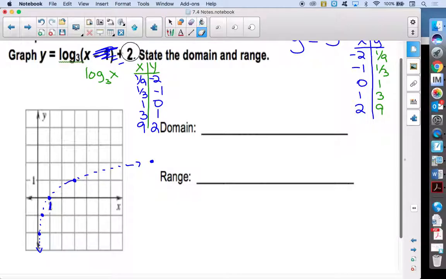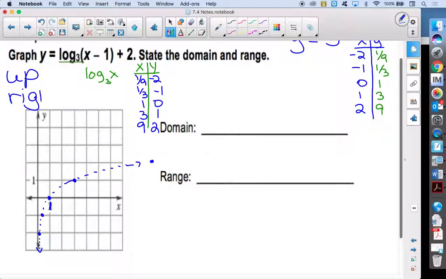I'm going to come back and now look at the rest of my equation. How does this graph translate? So using what you know about translations, Caitlin, how does it move? It goes up 1 and 2. You're so close. Yeah.